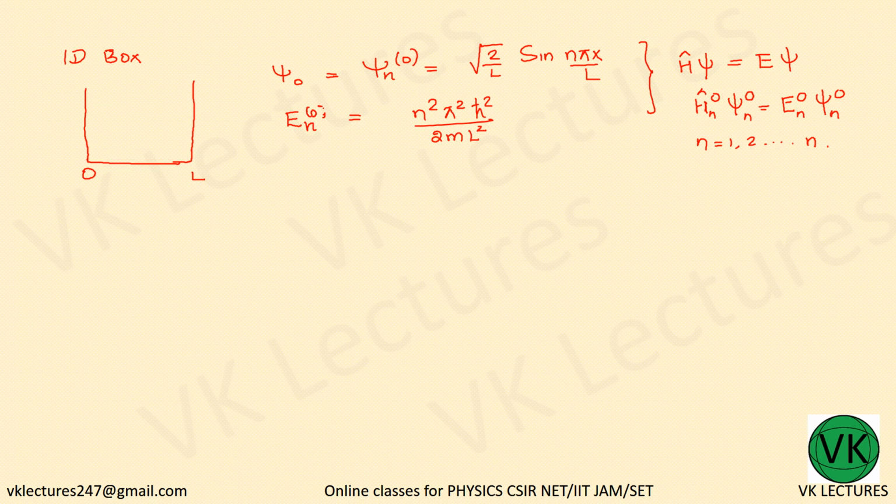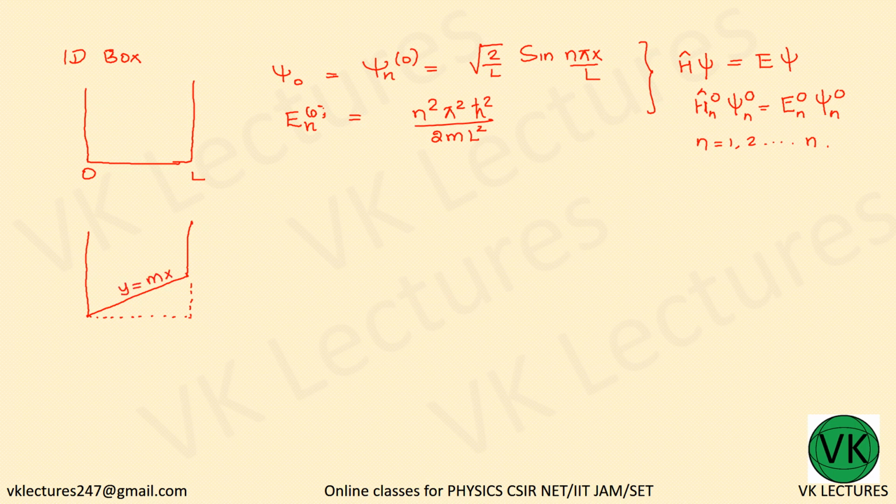Now I'm assuming that there is a perturbation of the 1D box which looks something like this. So now look at this part. This is the same 1D box, but it is slightly tilted with y = mx.